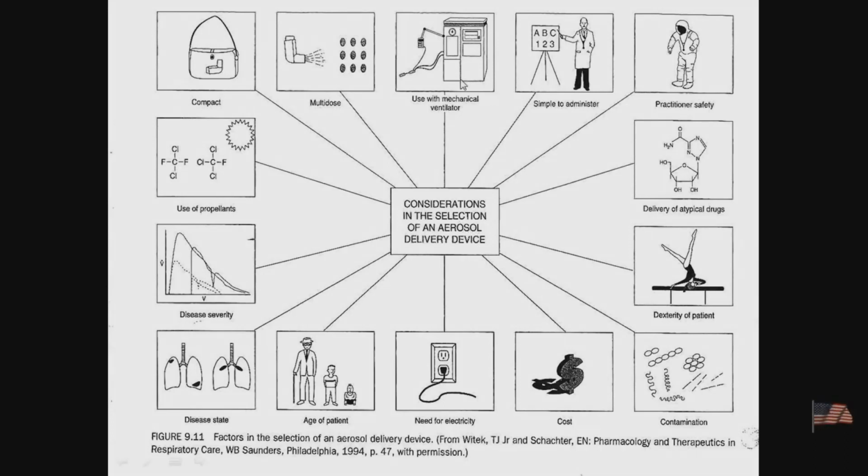Different considerations. Mechanical ventilation. What about if I have to give a drug through an endotracheal tube on a patient who's intubated? Well, there are different things you have to take into account there. Simple to administer. Practitioner safety. Is the medication I'm administering something where potentially it could affect us? Antibiotics are a classic example.